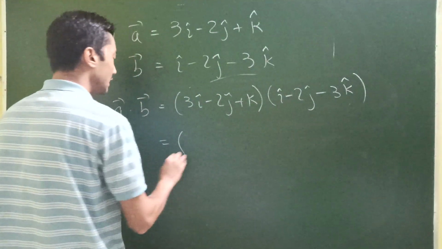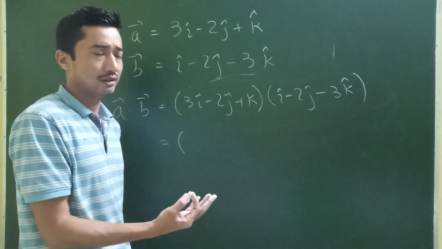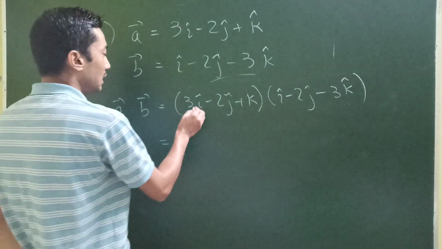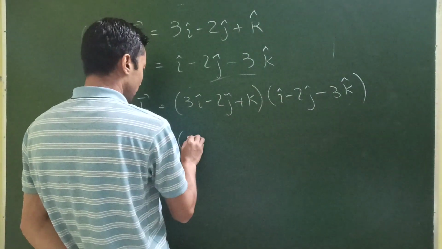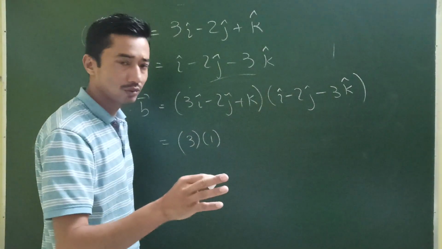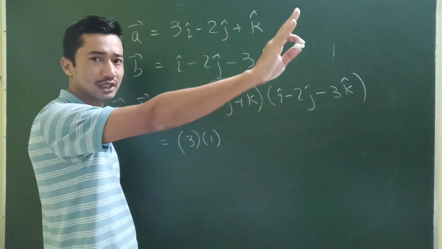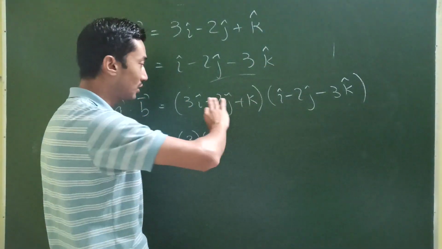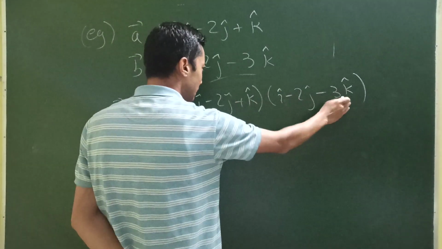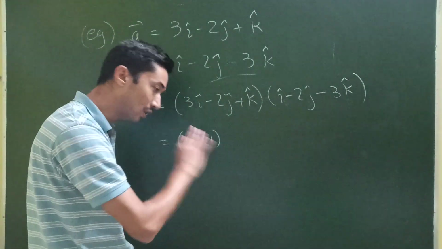All you need to do is, this is my way of doing it so that I can limit my mistakes. i dot i, so 3 into 1, because i dot i is going to be 1. After that, I will be just ignoring all the other values because I know that they are 0. So I'll go for i into i, j into j, k into k. The other values which we have already seen are 0, so we will not consider them.